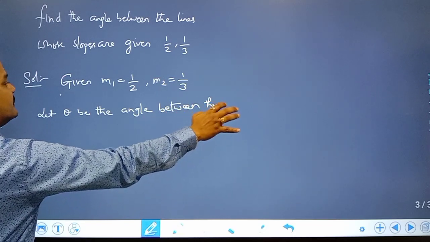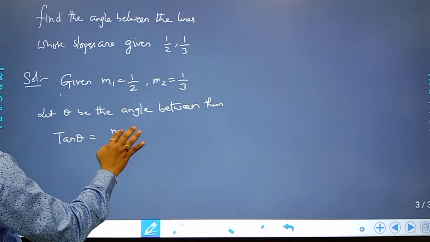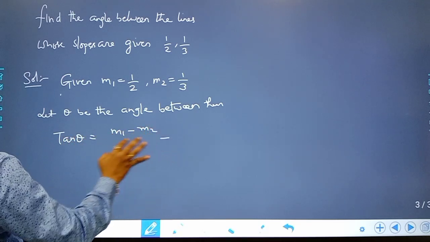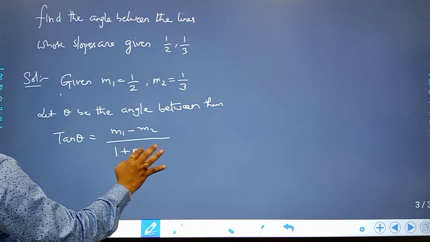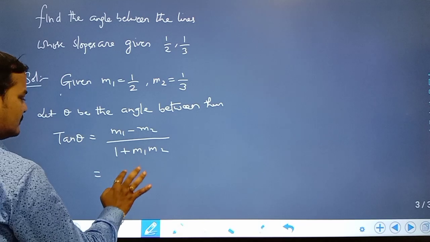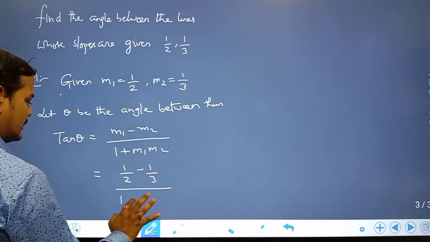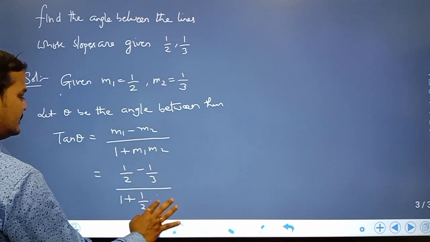Then what is the formula? Tan theta is equal to (m1 minus m2) by (1 plus m1 m2). That is equal to (1/2 minus 1/3) by (1 plus 1/2 into 1/3).